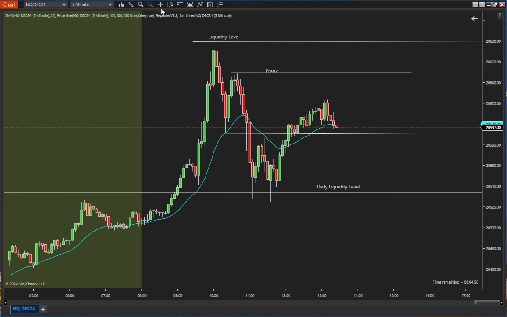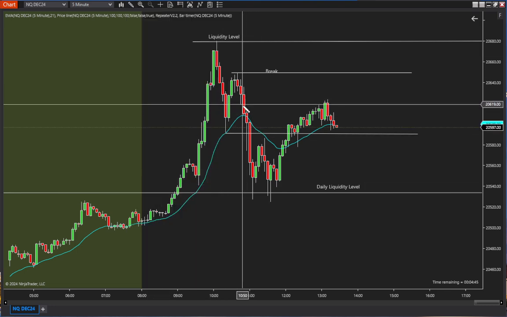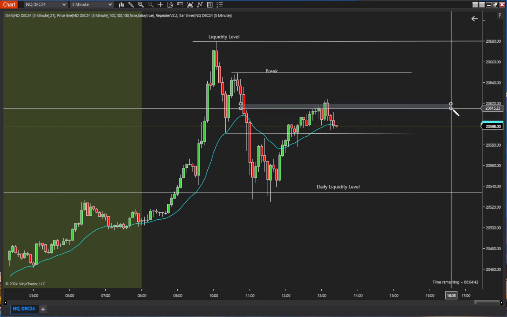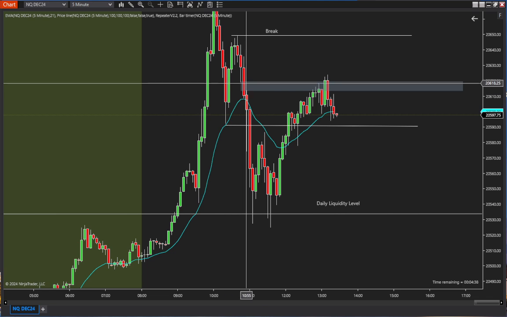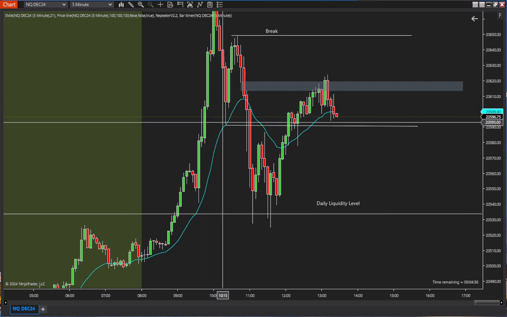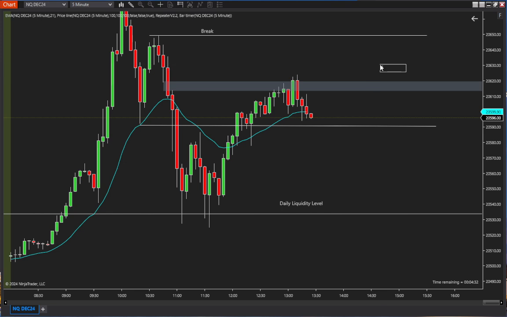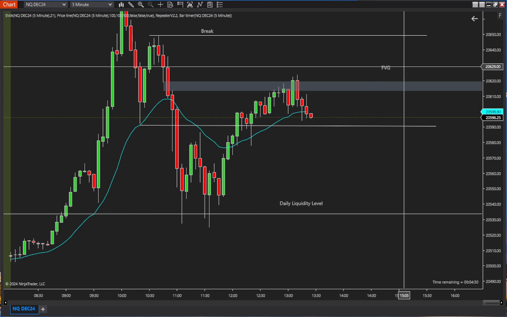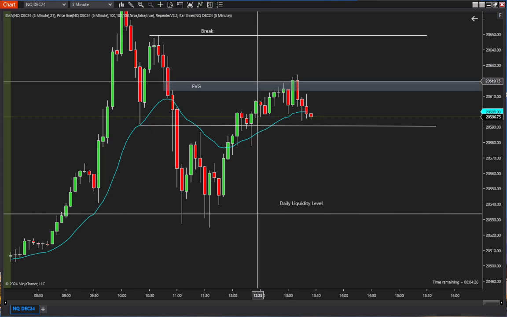Okay, so if you're one of those that trades some sort of fair value gap type situation, here's your fair value gap. You're looking for that BORT, that breakdown retest or breakout retest. So if you're looking here, this is a fair value gap. If you're one of those that likes to trade those, I love when fair value gaps match up to my breakdown retest levels.